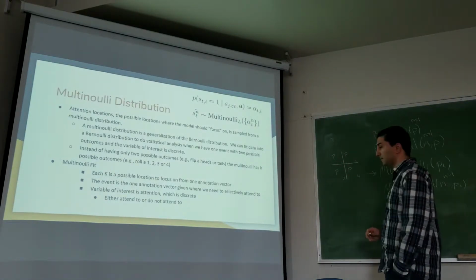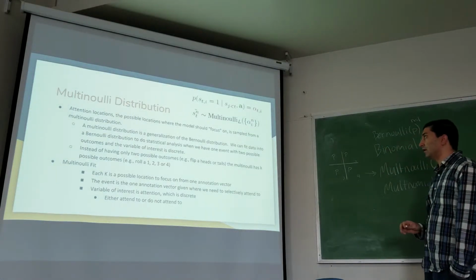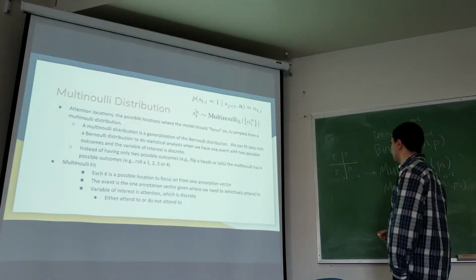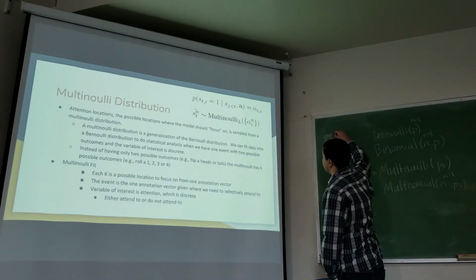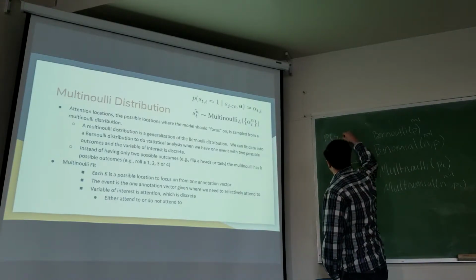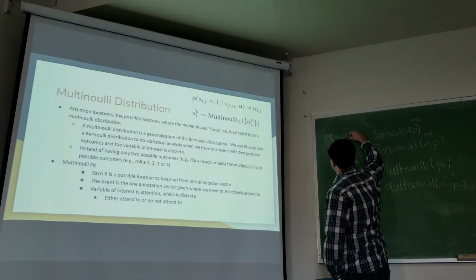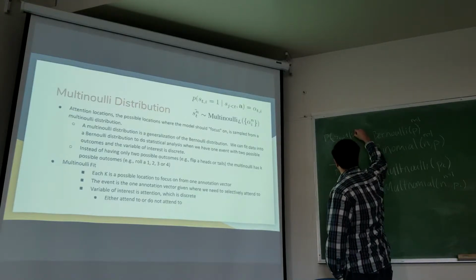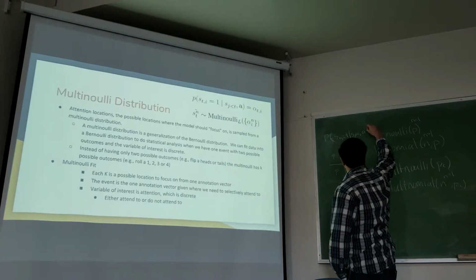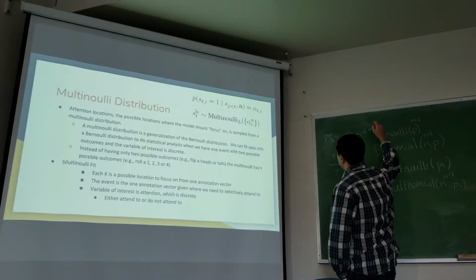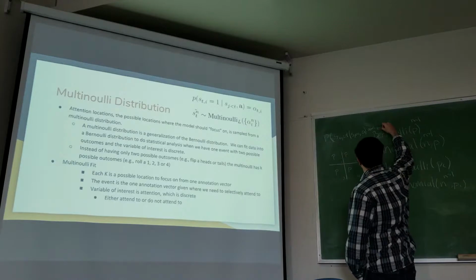And the probability statement that we are going to use is right above here: the probability of s_t,i equal to 1 given s_j for j less than t, and our annotation vectors a, is equal to alpha_t,i.